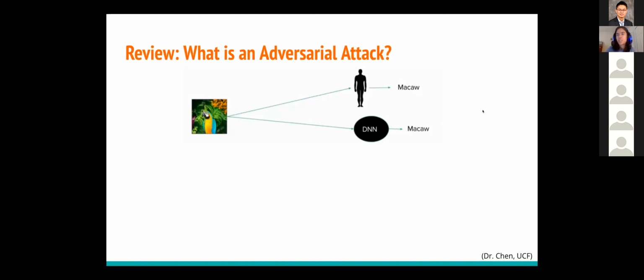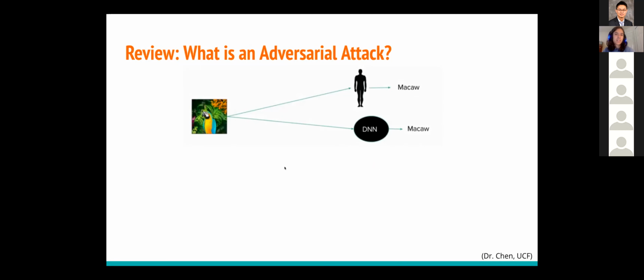So earlier in the semester, Dr. Chen went over adversarial attacks, so I'll just do a quick review using one of the images I liked from his presentation. It was lecture 12 for reference. So given some image of a macaw, we as humans can clearly see it's a macaw, and a neural network that's decent should be able to identify it as well.